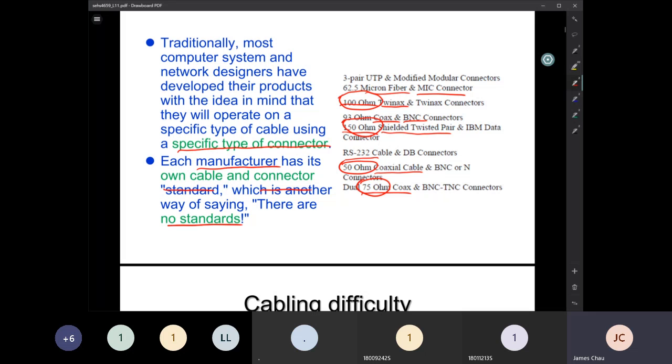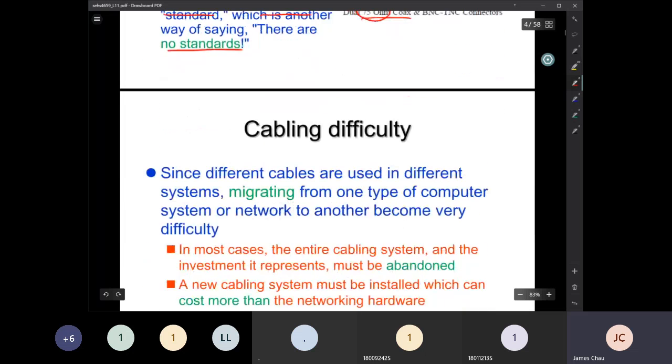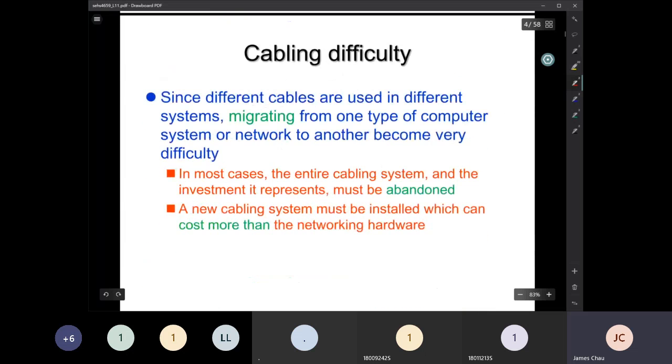Okay. Now, from this table, you can see we have many different types of systems. Therefore, it makes our connection between them really, really difficult. Okay. So the cabling difficulty is that different cable systems are used in different systems.